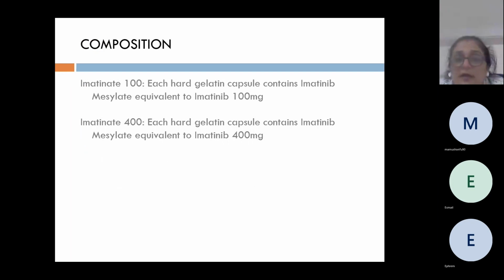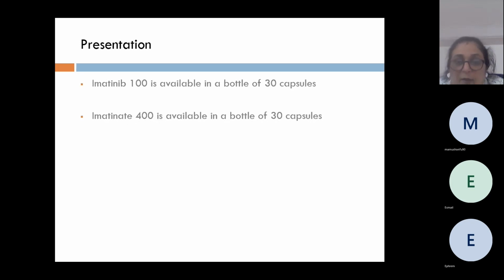Composition, imatinib 100 comes, it's a capsule. Each hard gelatin capsule contains imatinib mesylate, which is equivalent to imatinib 100 mg. Imatinib 400 is having hard gelatin capsules, and imatinib mesylate here is equivalent to imatinib 400 mg.